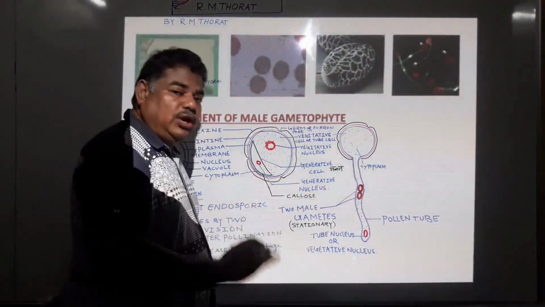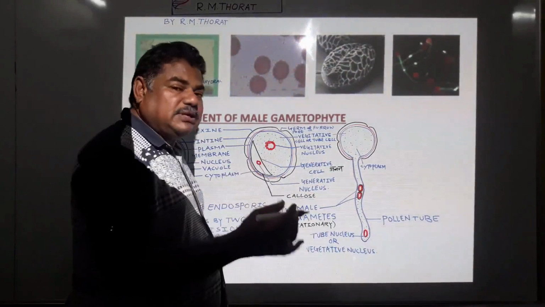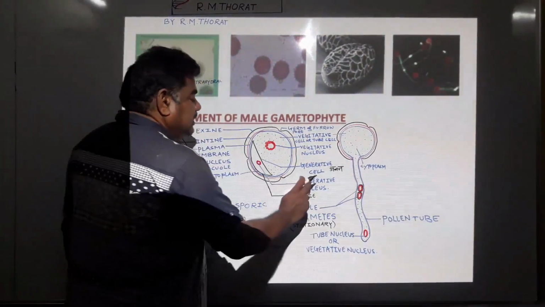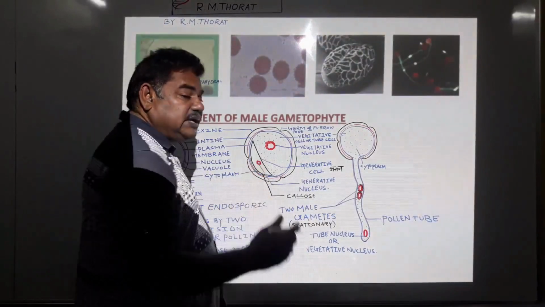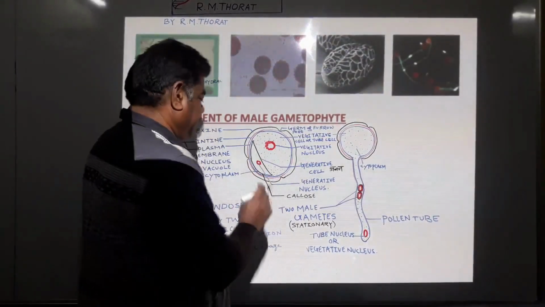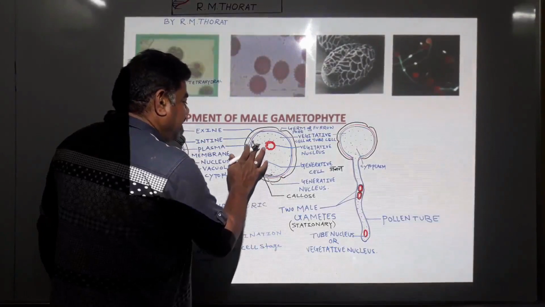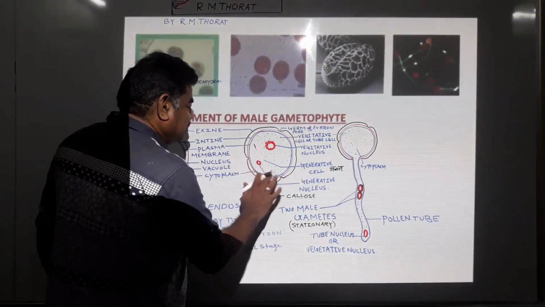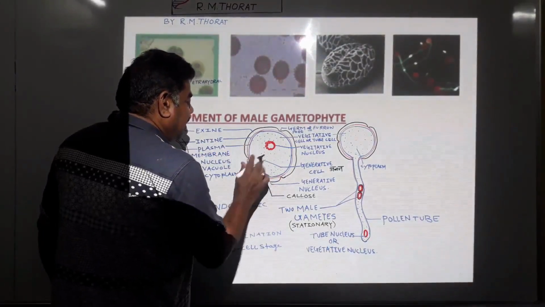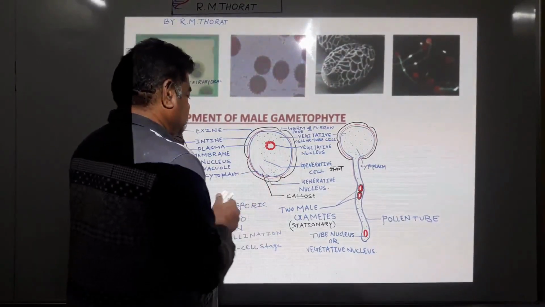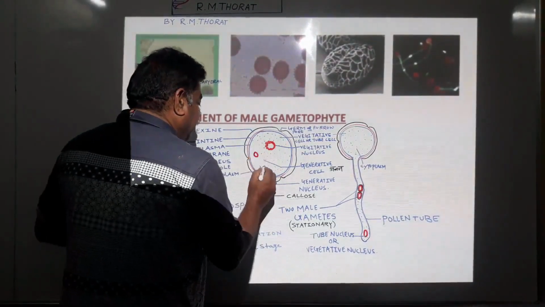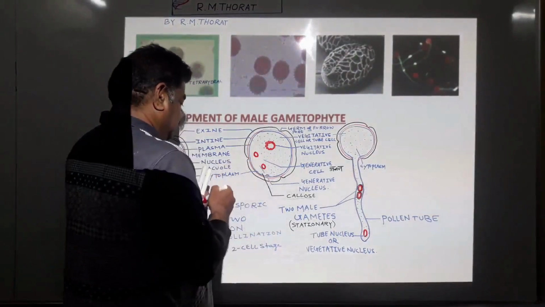Before pollination, in 40% of plants, what happened? This generative cell divides mitotically, and it forms two nuclei, one and this one, the second nucleus.